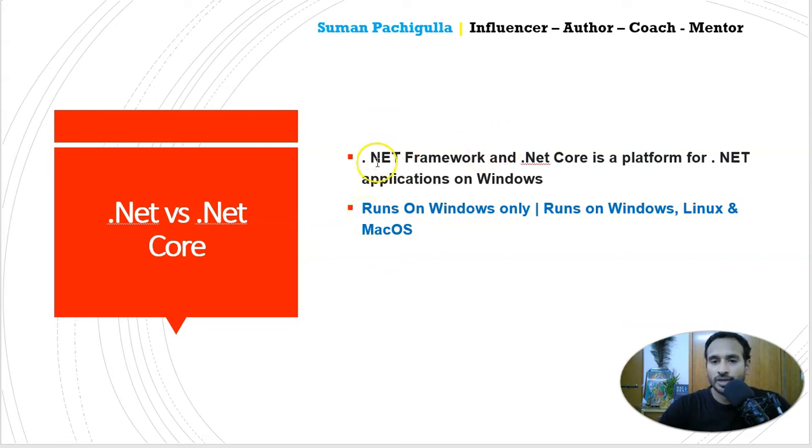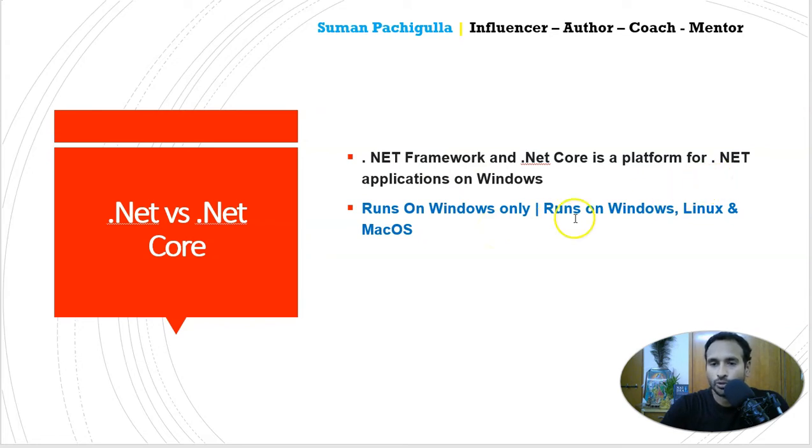When the .NET framework is used, the developer can only build software applications which can run only on Windows. So till the time before .NET Core came into the market, whenever the .NET framework was used, it was used only to develop applications which can run on Windows only.